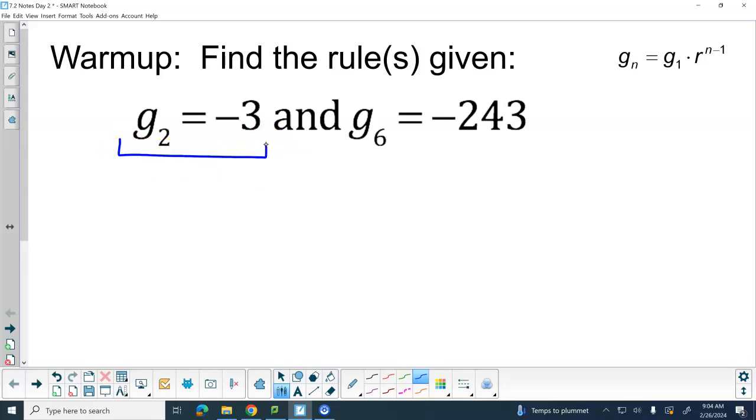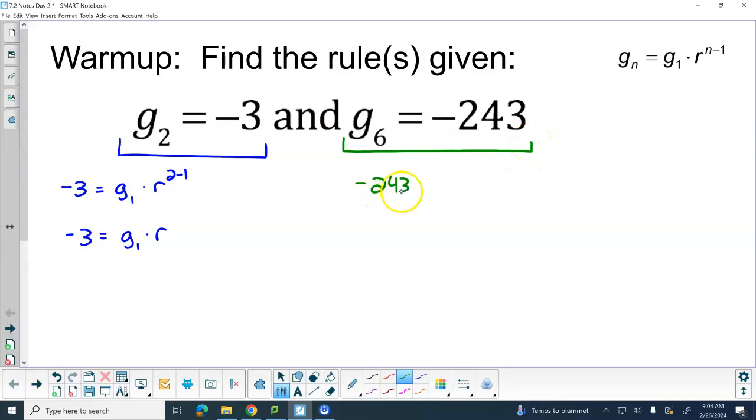So we use our rule to set up an equation for the first term that was given, and we use our rule again to set up an equation off of the second term.